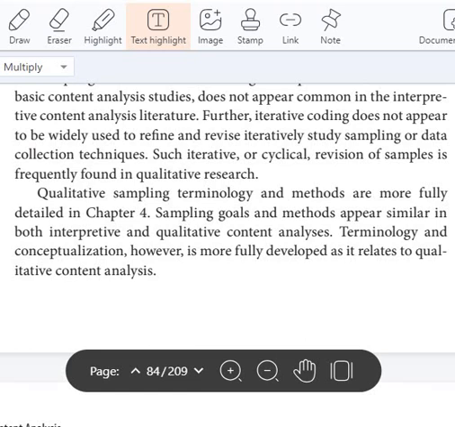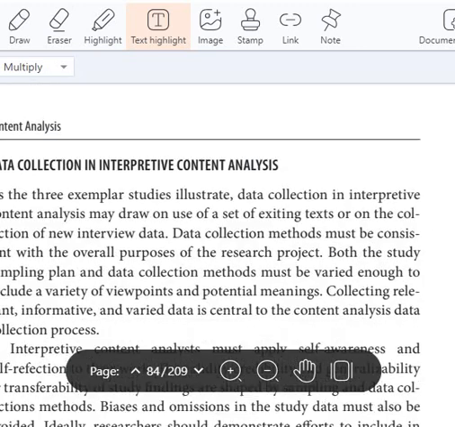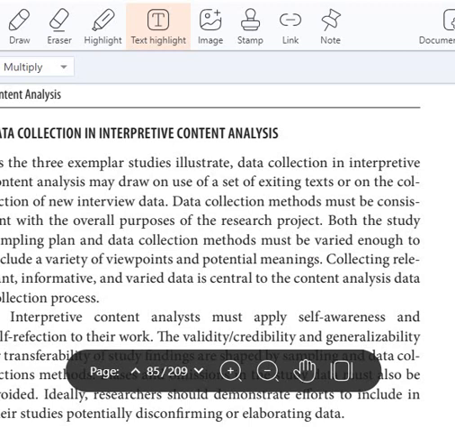Okay, so we can say that the concept itself, the goals and methods are similar between the two, but the terminology used and the conceptualization is more fully developed as it relates to qualitative content analysis.